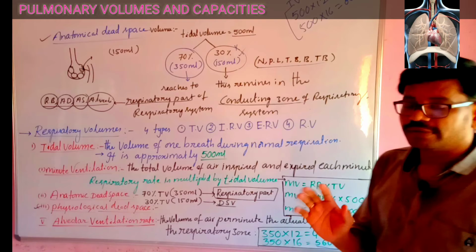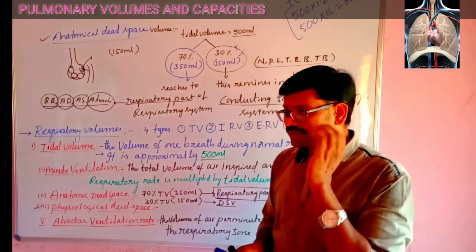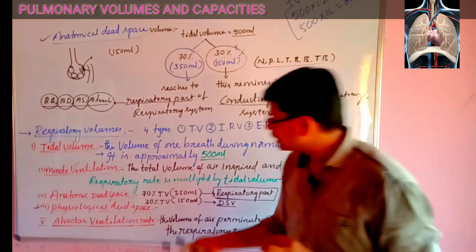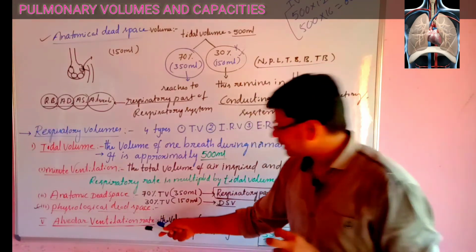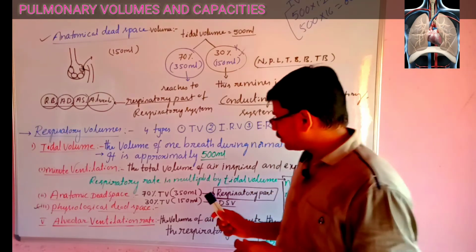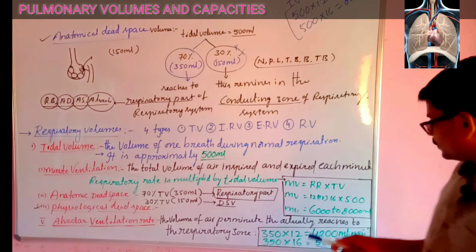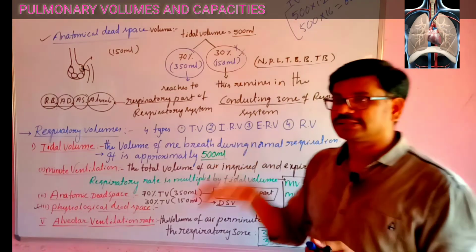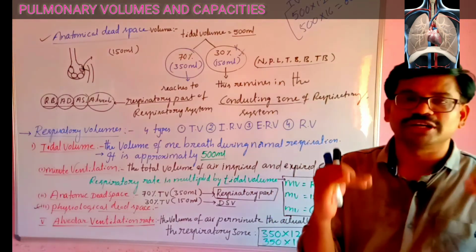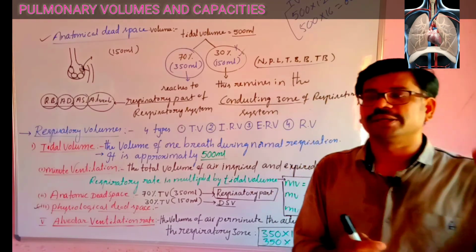So here, very important: what is meant by respiratory volumes, how many there are, what the tidal volume is, what the minute ventilation is, what the anatomical dead space is, and what the physiological dead space is. You are very clear about these things, right? At the same time, we have given values for this alveolar ventilation rate. If it is lower than the normal minute ventilation, it usually indicates pulmonary malfunctioning.